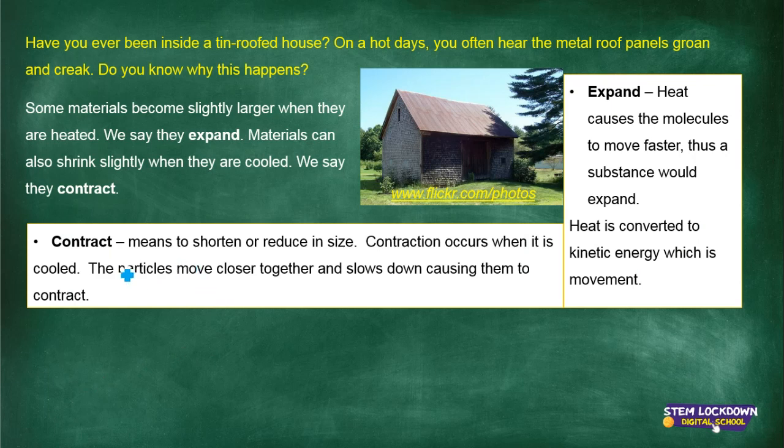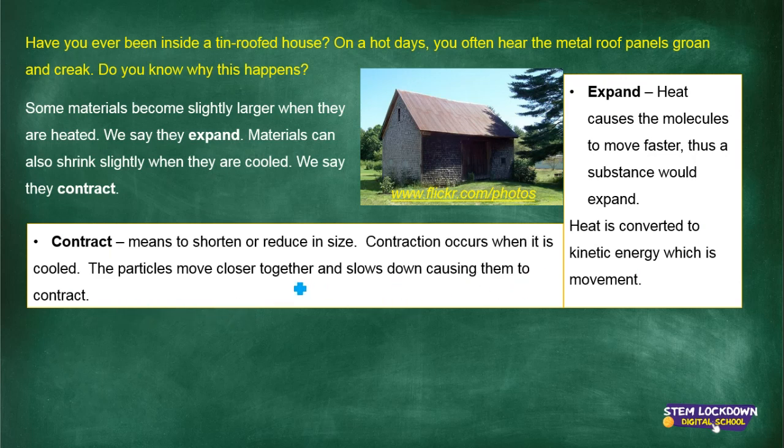Now, to contract means to shorten or reduce its size. That means to become smaller. So when you cool it, it becomes smaller or reduces its size. Contraction occurs when it is cooled. The particles move closer together and slow down, causing them to contract.